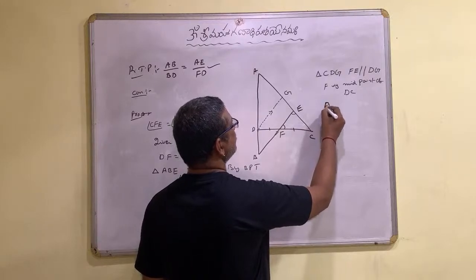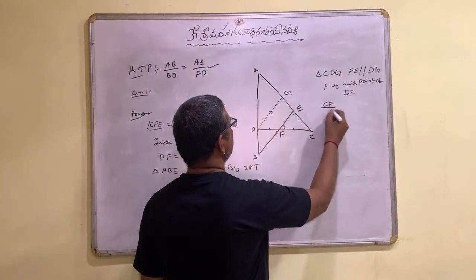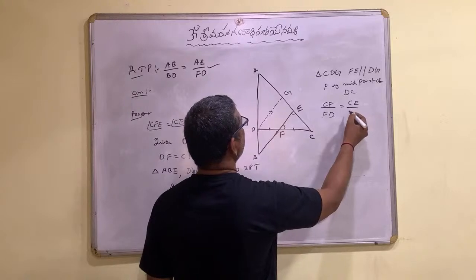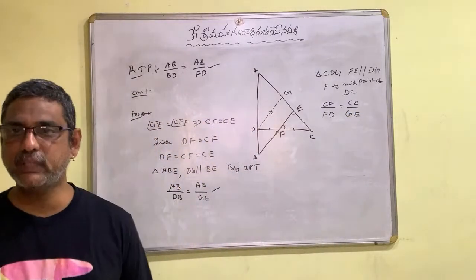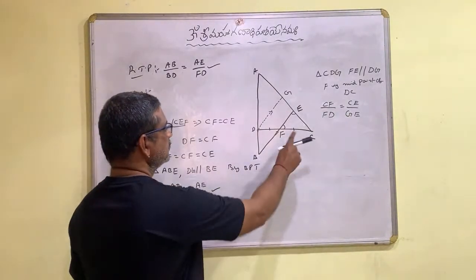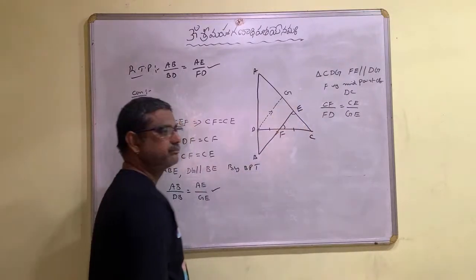CF by FD is equal to CE by GE. Is that right? By basic proportionality theorem, CF by FD is equal to CE by EG.